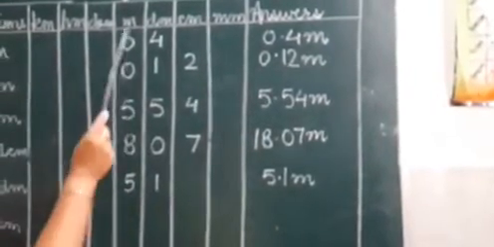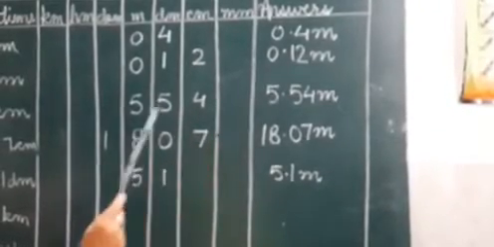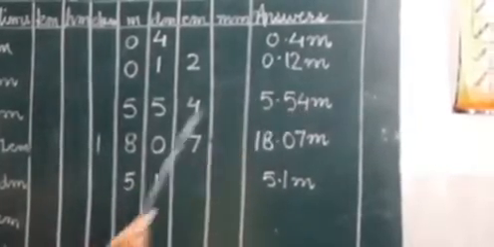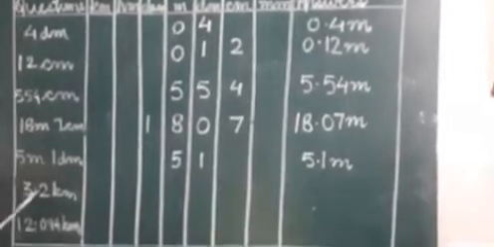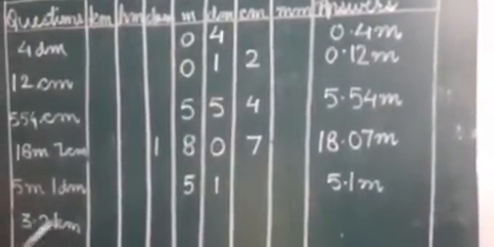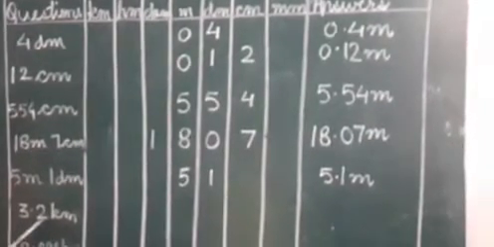As you can see here, 5.54 meters. It means 5 was in the meters column, the number before the point, and the rest of the digits were after this. So similarly, when we have 3.2 kilometer, the number before the point is 3 and the unit is kilometer. So 3 will come in the kilometer column and not 2 here.